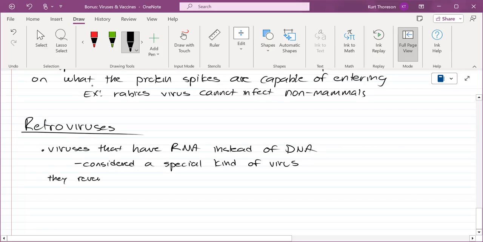They reverse transcribe. New word, everybody. Reverse transcribe RNA to DNA.